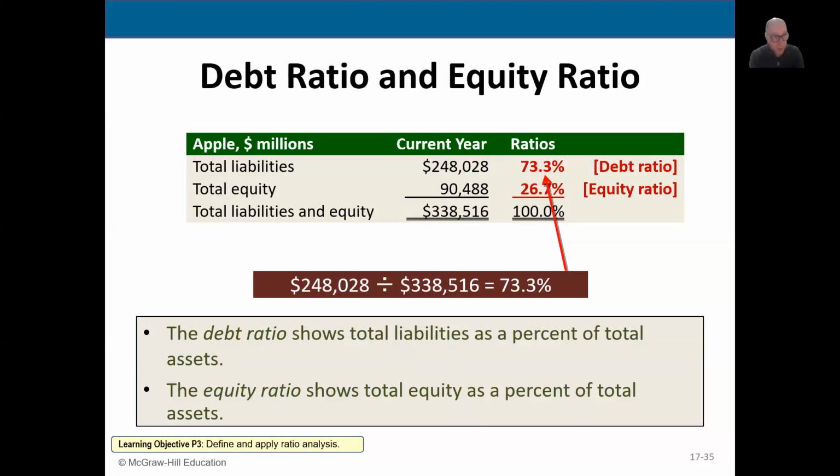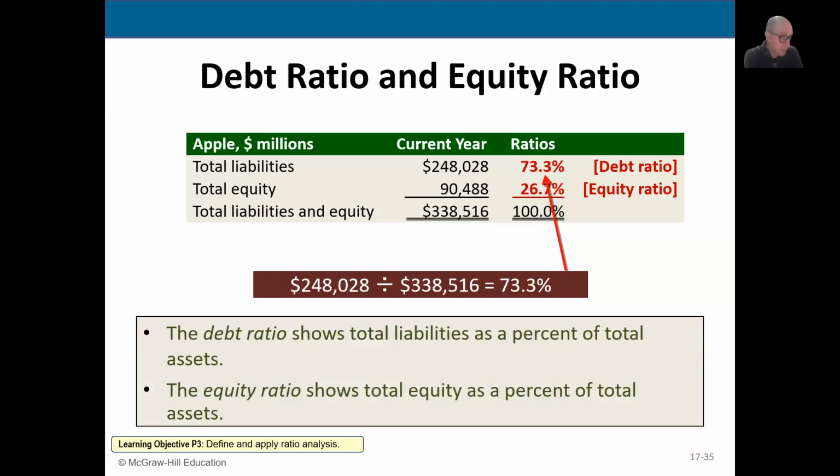Here we take total liabilities divided by total liabilities and equity. That finds the debt ratio. We need to find the equity ratio.